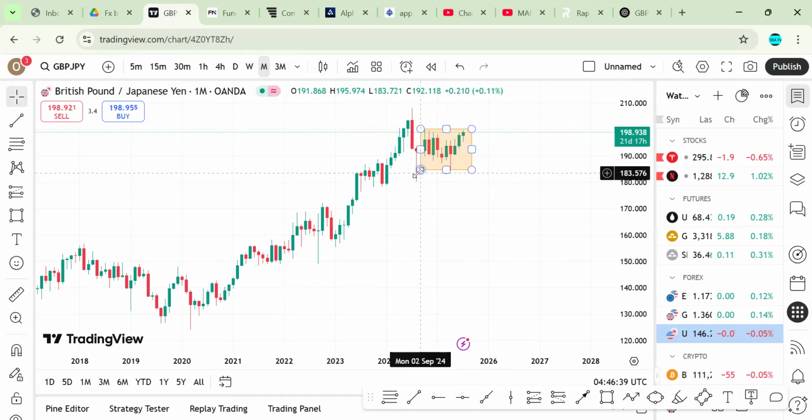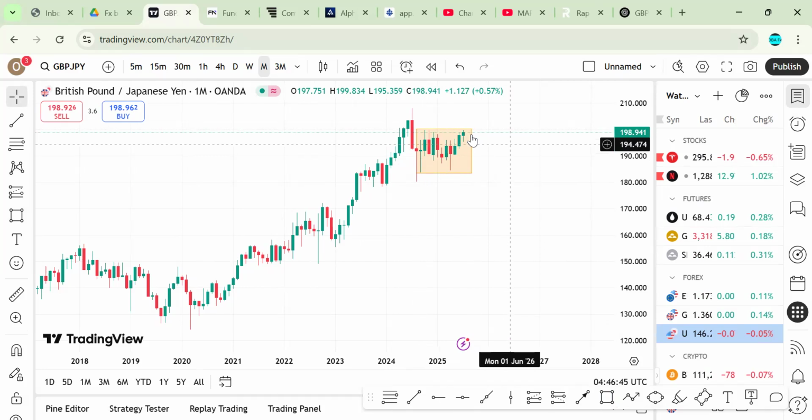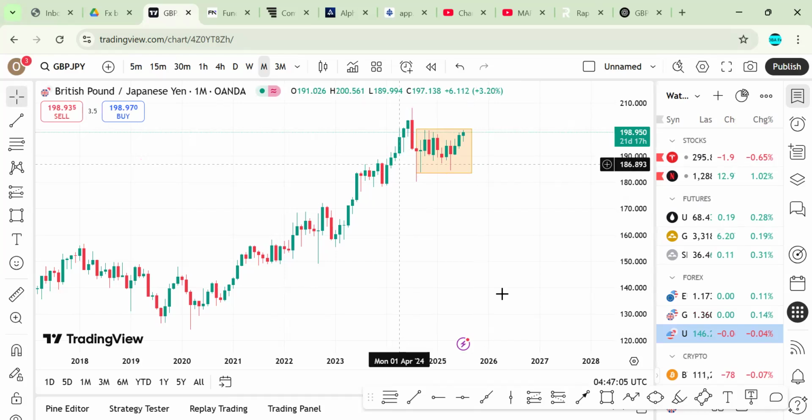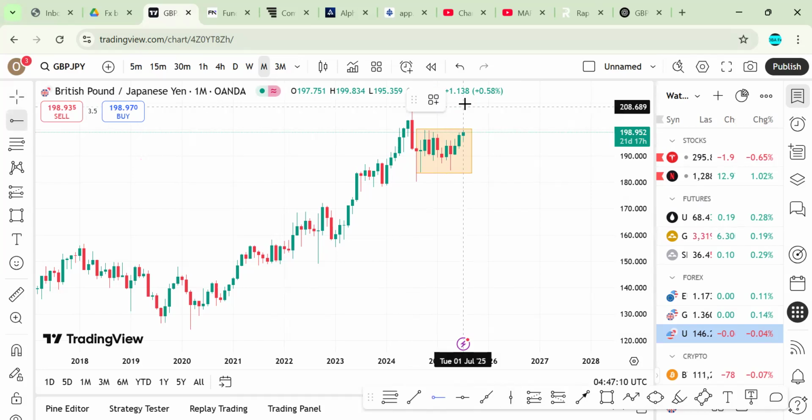Now, what do I mean? This boxed part of the market shows candlesticks that have been moving in a horizontal direction. Each candlestick here stands for 1 month, so for 1, 2, 3, 4, 5, 6, 7, 8, 9, 10, 11, 12, a whole year, GBPJPY has not been able to make a new high.